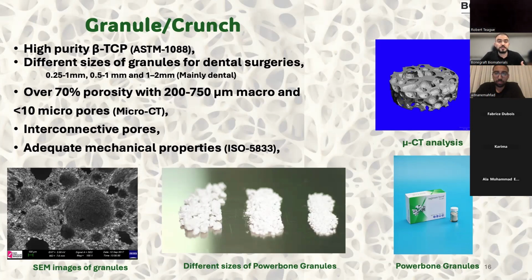And bone regeneration does not occur only on the surface of the graft, it is 3-dimensional, so your cells have to migrate inside the graft material. So you need macro and micro pores, and at the same time, interconnectivity in these pores. Mechanically, these grafts have to be durable enough to protect this 3-dimensional tissue support in the defect site. Based on ISO 5833, we have adequate mechanical strength in the granules.